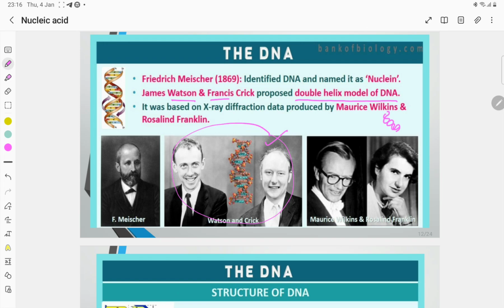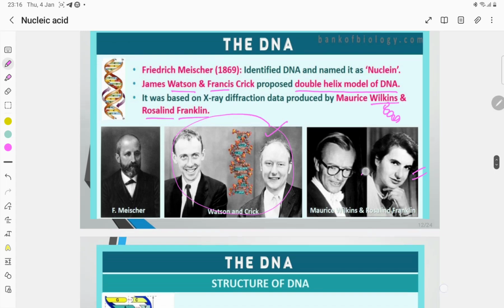We should not forget the contribution of two other scientists, Wilkins and Rosalind Franklin, who actually gave the structure of DNA by XRD, X-ray diffraction data. On the basis of this XRD structure, Watson and Crick proposed the model.